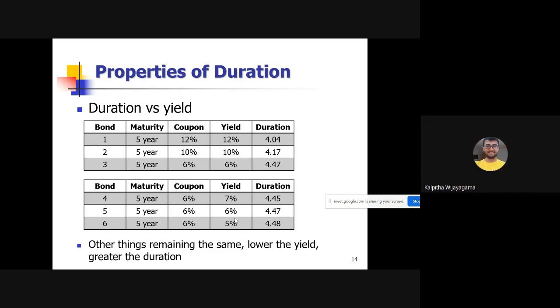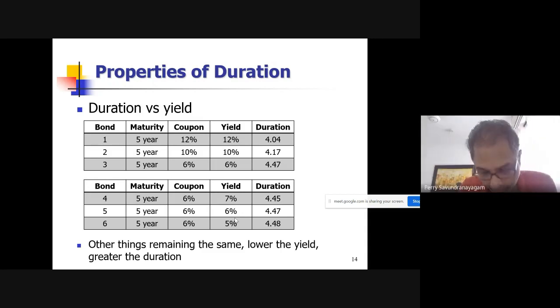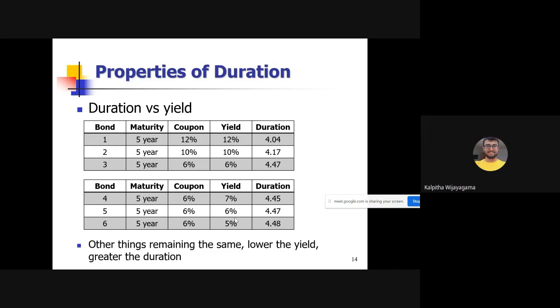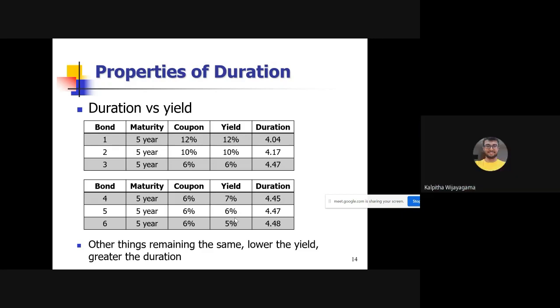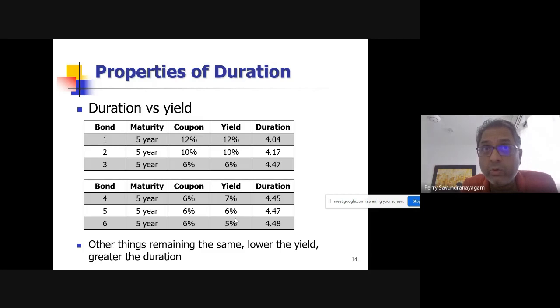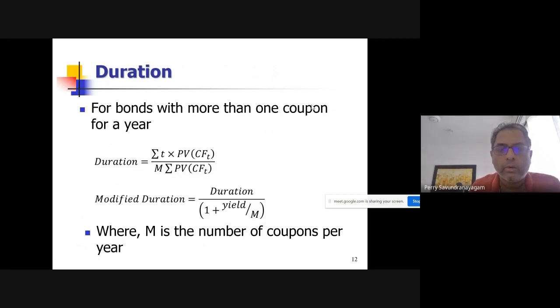But even though the yield changes, the coupon rate won't change, no? So whatever payments you're getting will not change, right? That's correct, the semi-annual coupons won't change. So how does it affect the duration? Because when you're calculating the present value of the bond, you will take the higher YTM or the lower YTM.